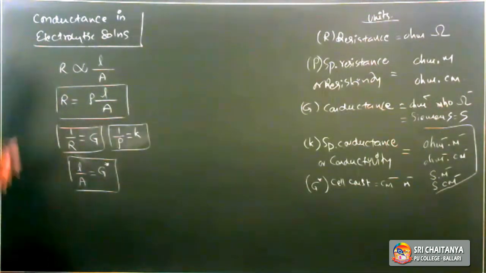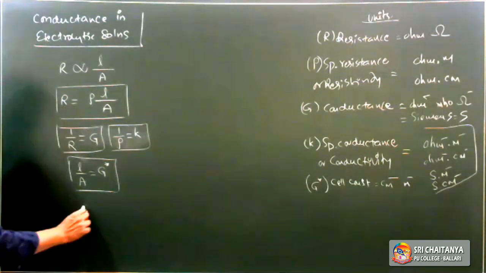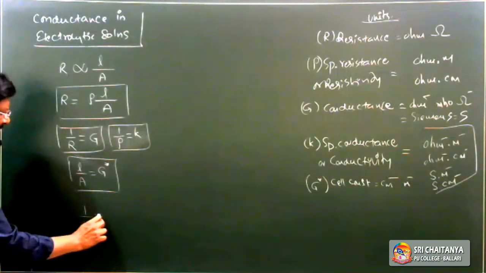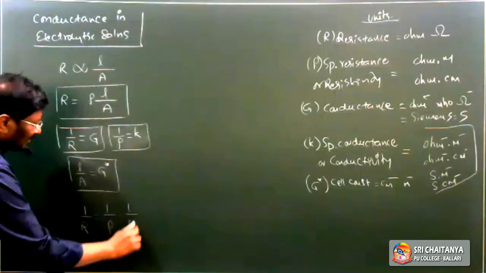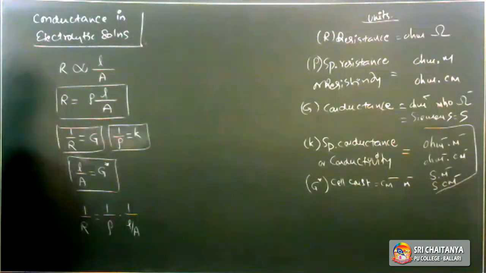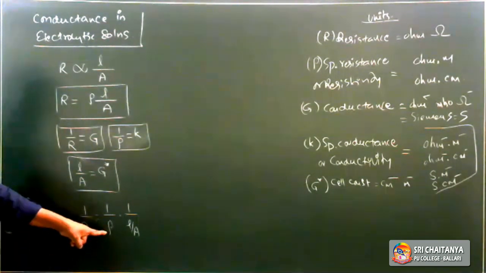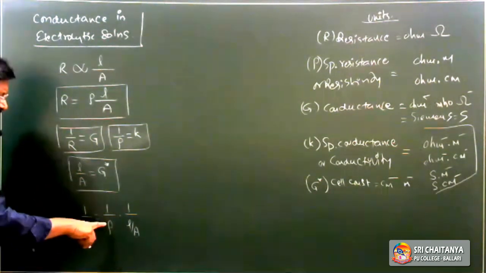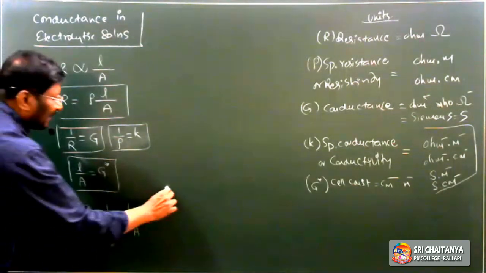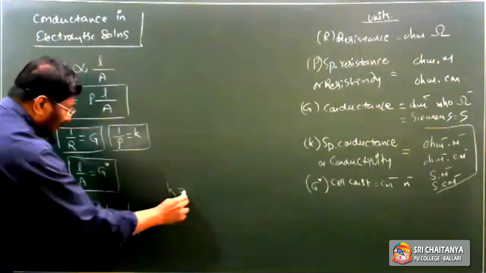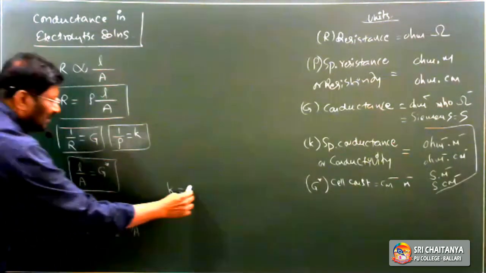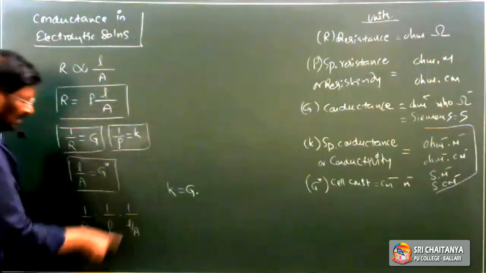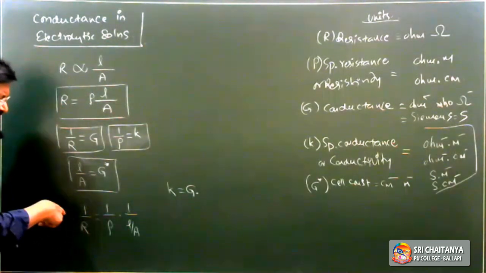See, suppose 1 by R, 1 by rho, 1 by L by A. So what is 1 by rho? 1 by rho is K. 1 by R is G. 1 divided by this, it goes to the numerator.